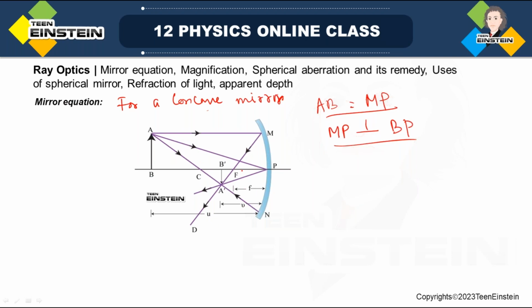concave spherical mirror, and I'll try to find out the image geometrically, by doing the ray diagram.